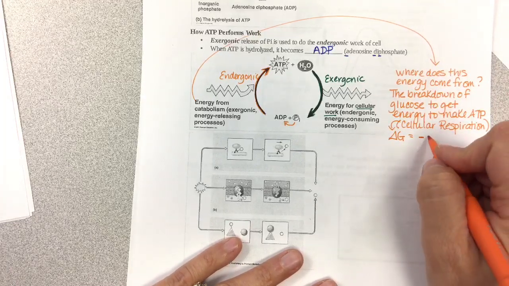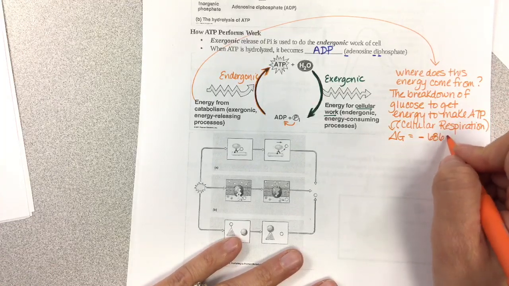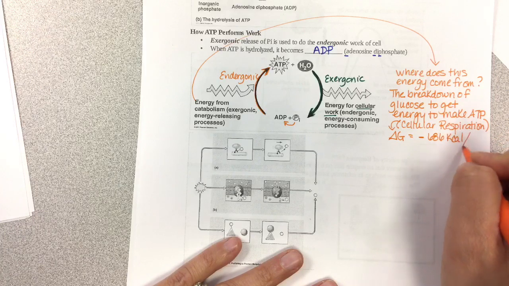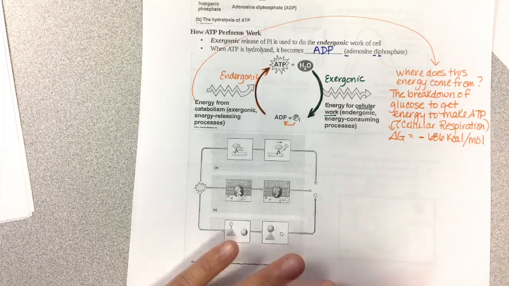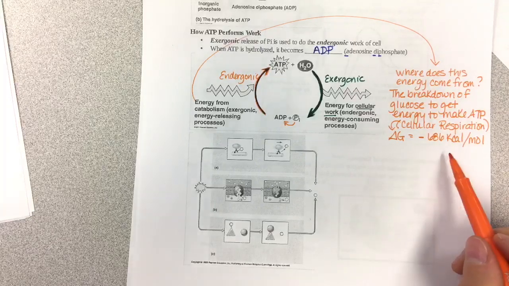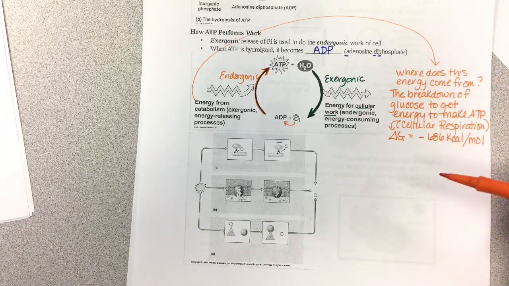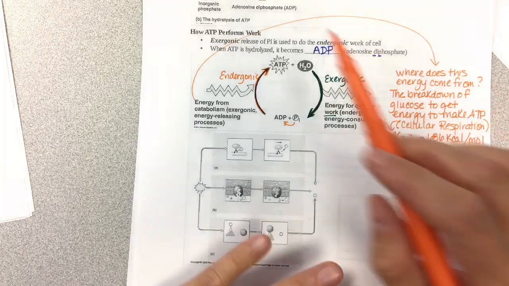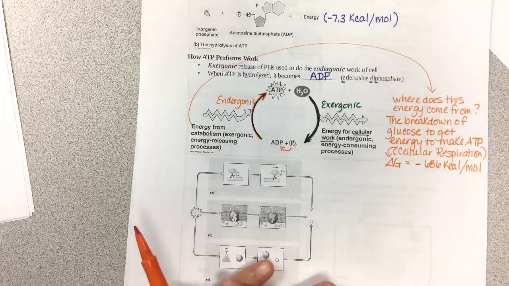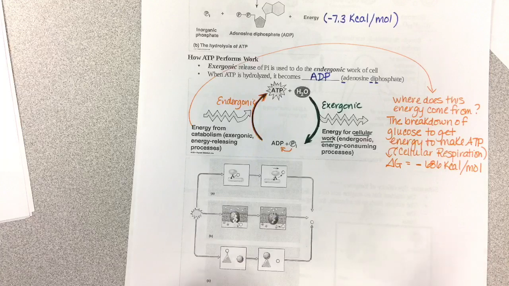So the negative just means it releases the energy. And how much energy? 686 kilocalories per mole. So that is quite a bit of energy that's released. So you can see up here that when you break down ATP, it releases 7.3 kilocalories per mole, which let's go ahead and add this to that.